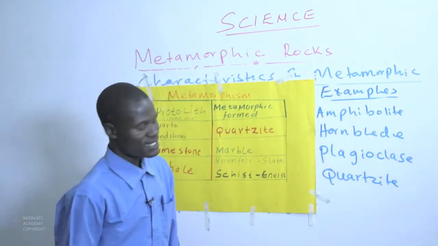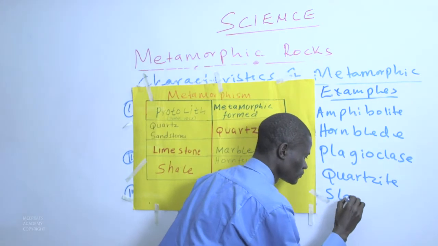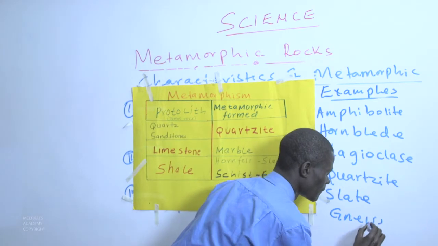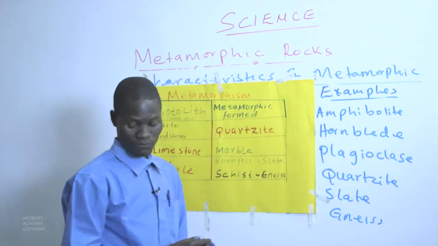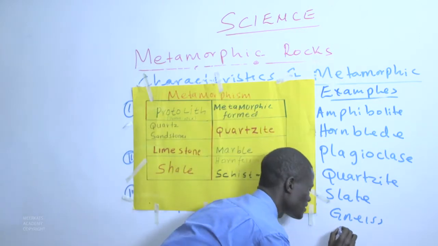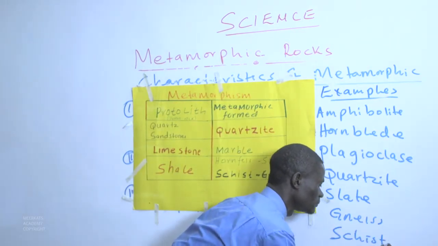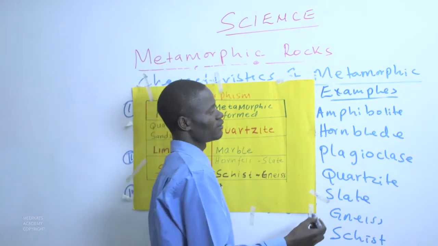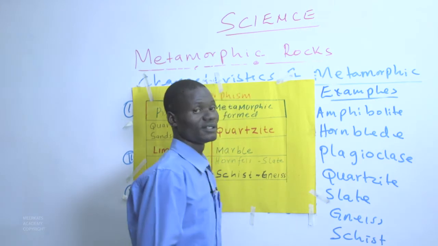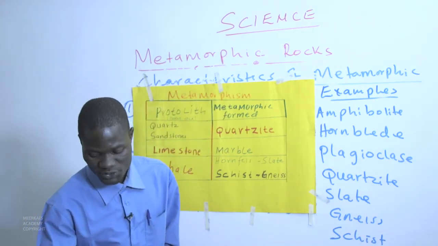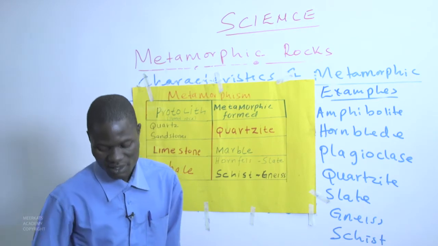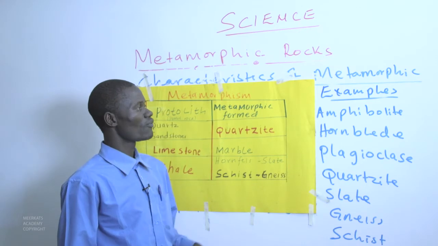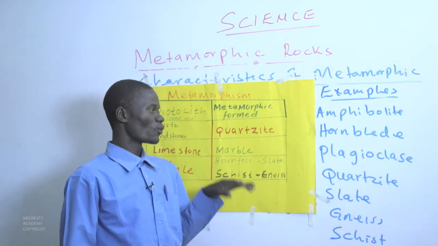We have slate. We have gneiss. We also have schists. I've already mentioned marble, limestone, and phyllite.